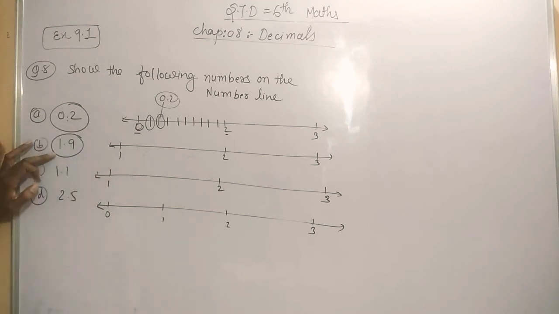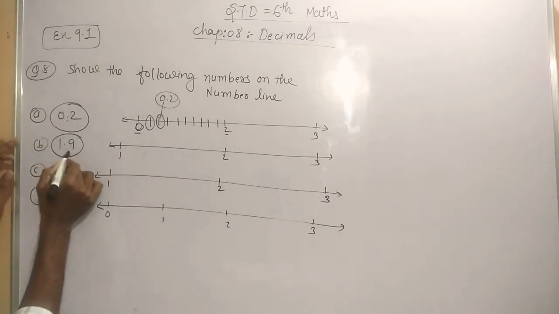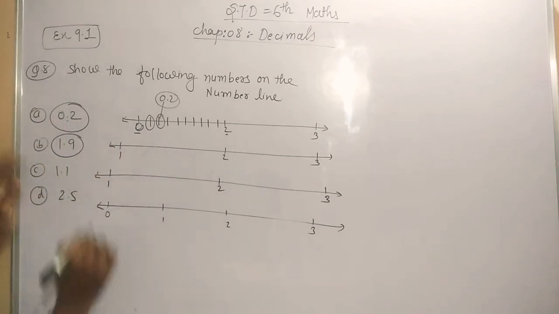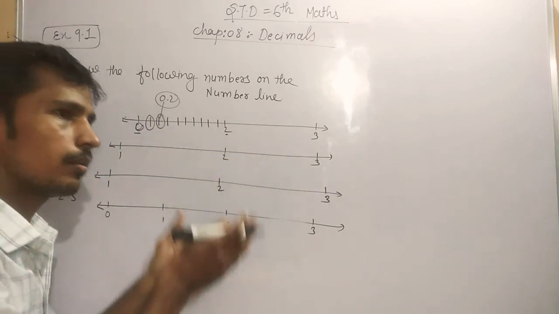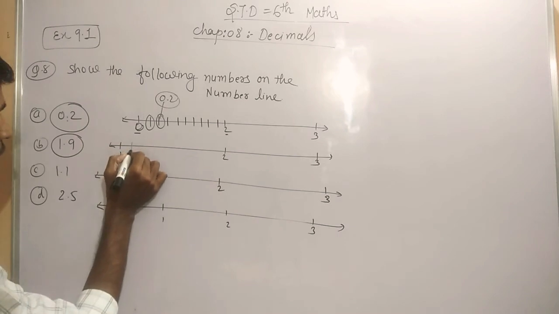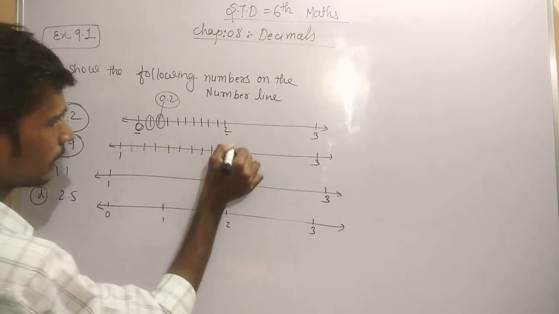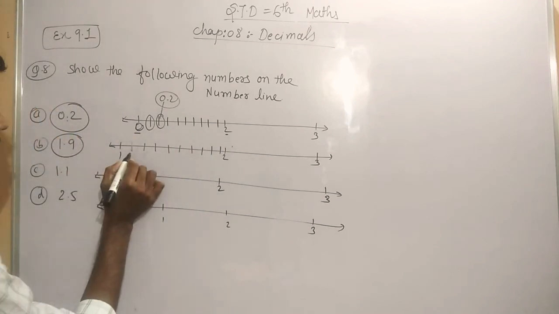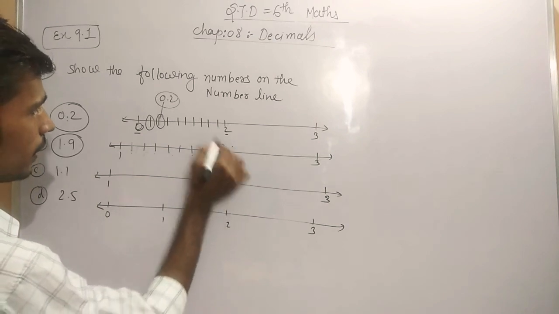Second, 1.9. Students, clearly see this number lies between 1 and 2. Between two numbers the number line is divided into 10 parts. 1, 2, 3, 4, 5, 6, 7, 8, 9, 10. 1.1, 1.3, 1.4, 1.5, 1.7, 1.9.